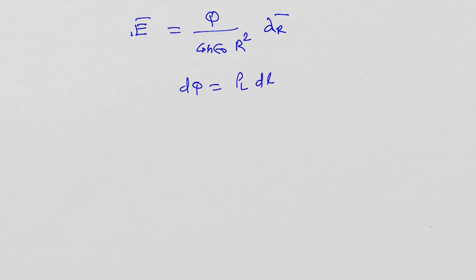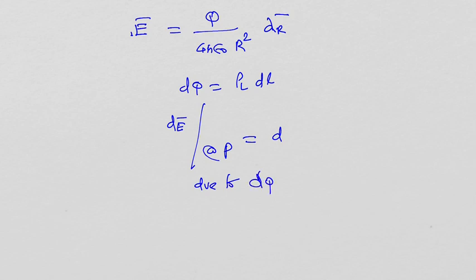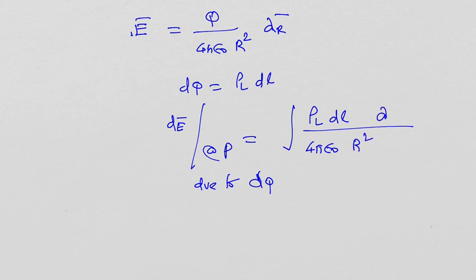So the differential electric field at any point P due to dq, if you ask me to calculate, I would say it is obtained from rho L dl divided by 4 pi epsilon naught R squared multiplied by the AR vector. This is the electric field intensity.